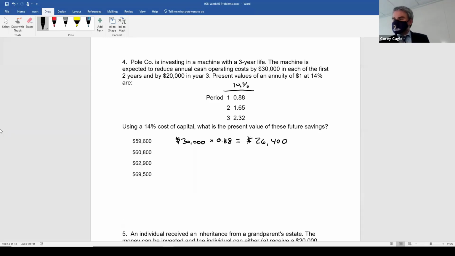All right. Year 2, we'll have another $30,000. We'll look at the 2 years, 14% table factor, 1.65. Oh, wait. These are annuity factors. All right, yeah, never mind. Sorry, I thought that was single sum numbers.